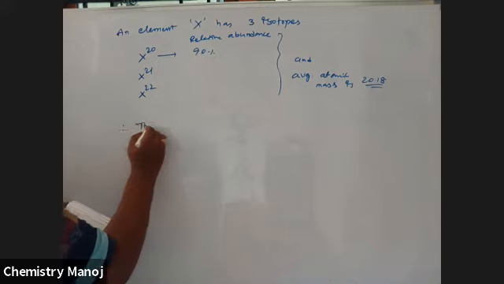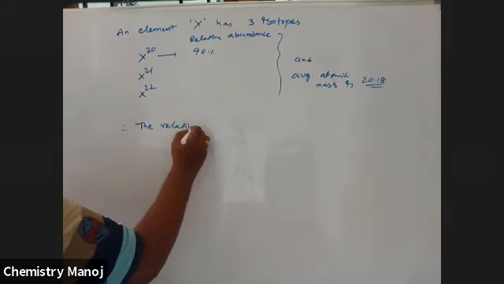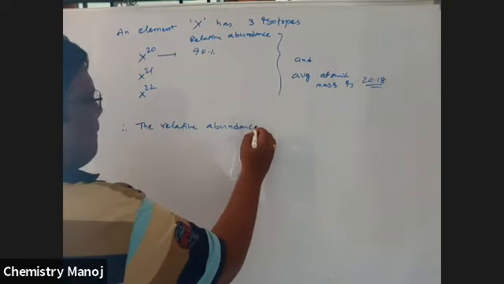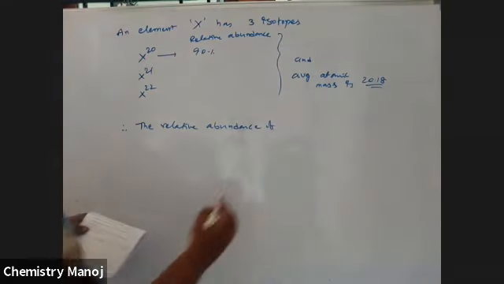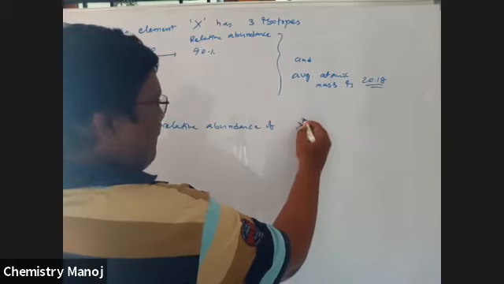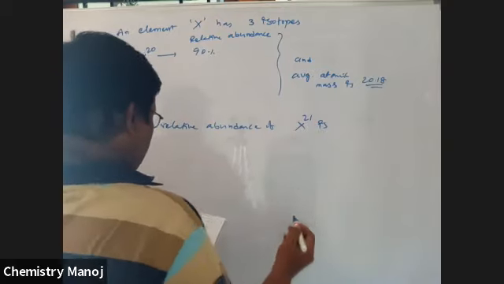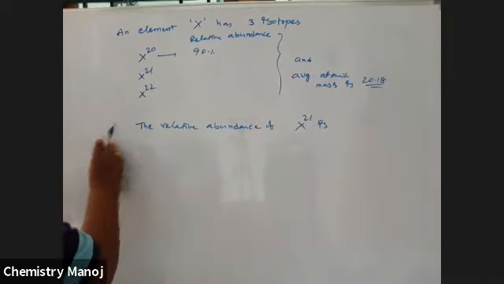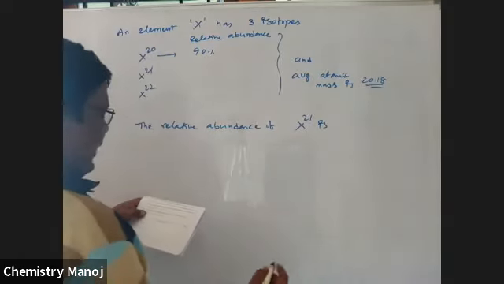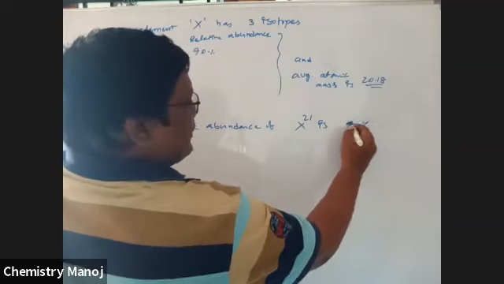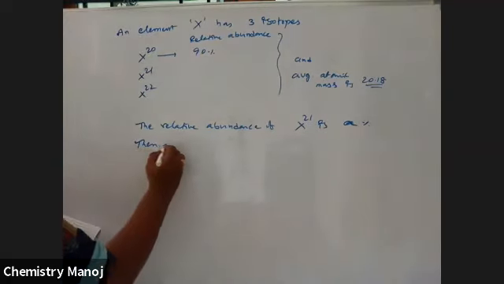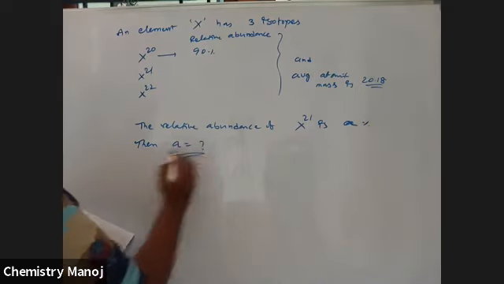Therefore, if the relative abundance of X21 is A%, then A is equal to how much?